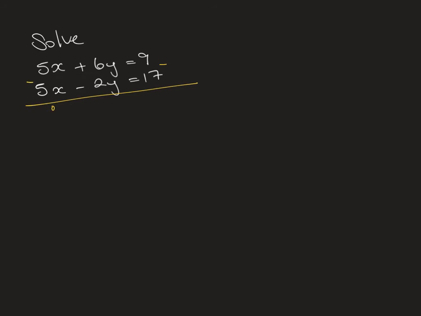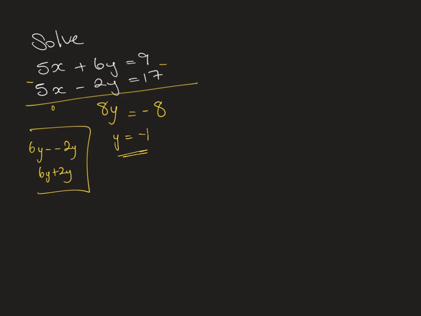And so we need to do the same with the others. 6y take away negative 2y is 8y, because you're subtracting a negative, which is the same as adding. And then on the right hand side, 9 take away 17 is negative 8. If 8y is negative 8, then 1y must be negative 1, and there's our first solution.